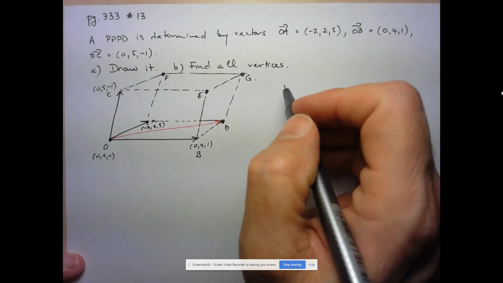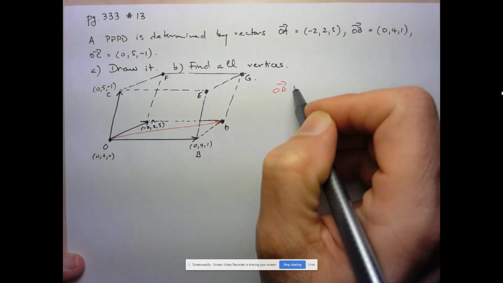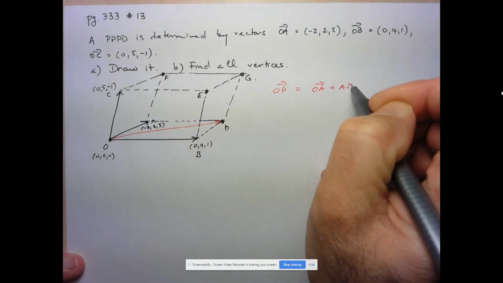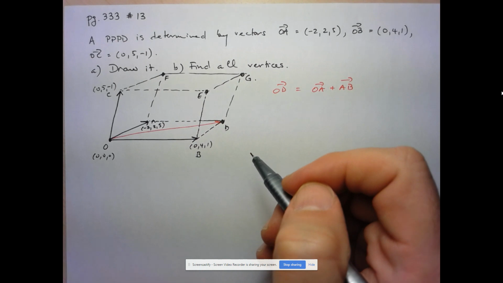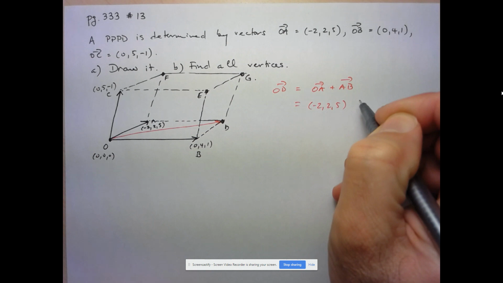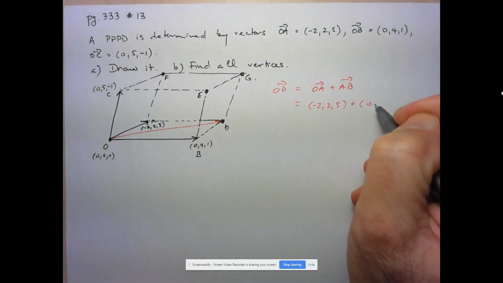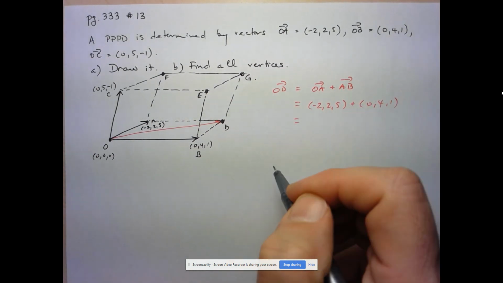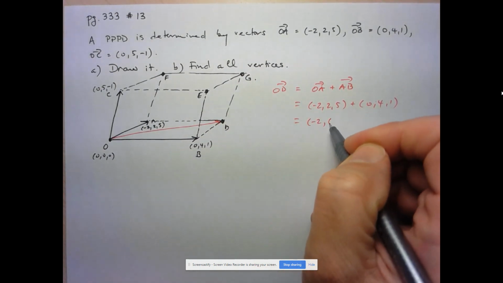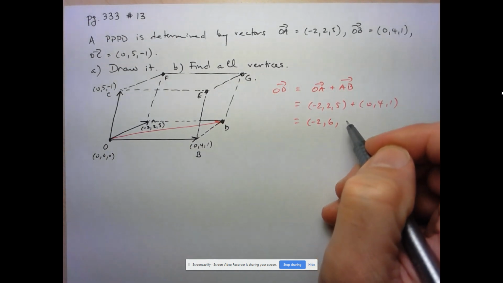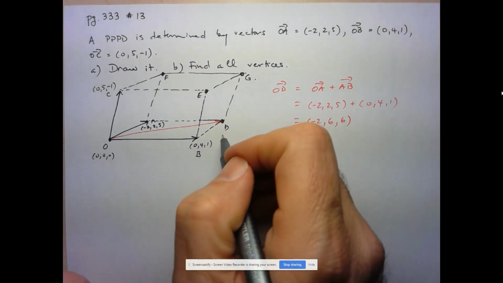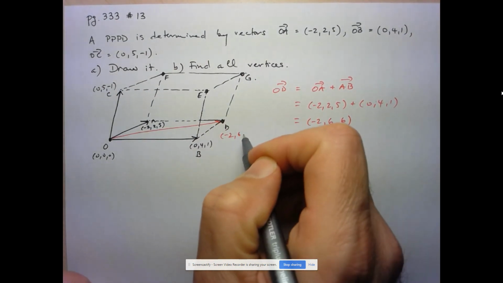So OD is just going to be OA plus OB. OA is negative 2, 2, 5, and OB is 0, 4, 1. So negative 2 plus 0 is negative 2, 2 plus 4 is 6, and 5 plus 1 is 6. That means point D is negative 2, 6, 6.